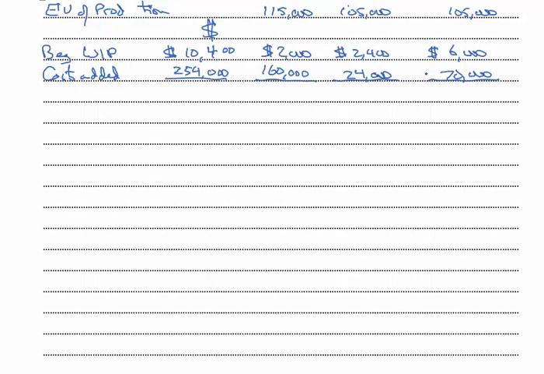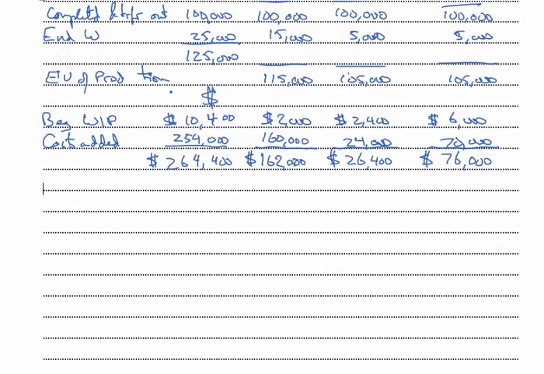And so when I add this up, I get 76,000 for overhead, 26,400 for direct labor, 162,000 for materials. This adds up to 264,400.